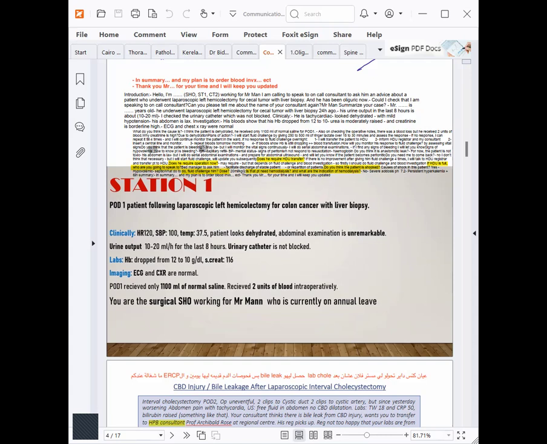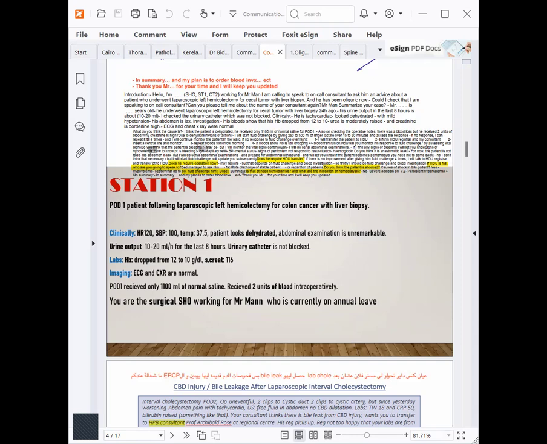Do you think the patient is bleeding? Yes, because he is tachycardic. What will you do for him? Now you think the patient is bleeding.